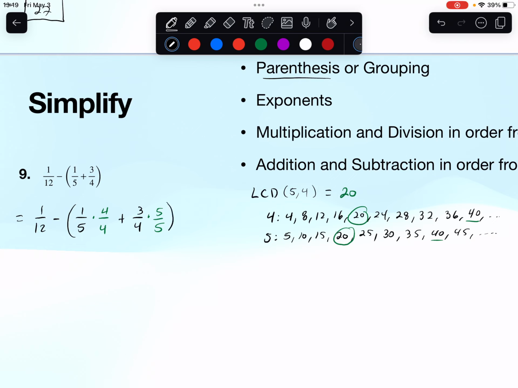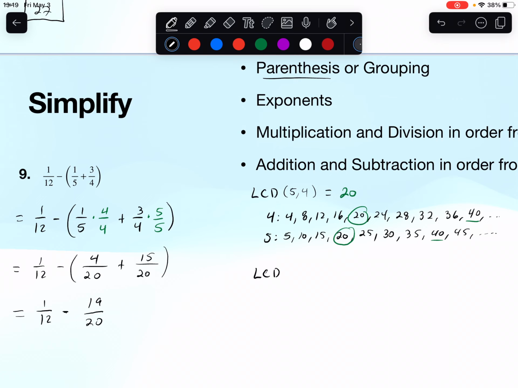So this is going to be 1/12 minus 1 times 4 is 4, 5 times 4 is 20, plus 3 times 5 is 15, divided by 4 times 5, which is 20. Now we have a common denominator inside the parentheses. So 4 plus 15 is 19, so we have 19/20. So now we're going to do 1/12 minus 19/20.